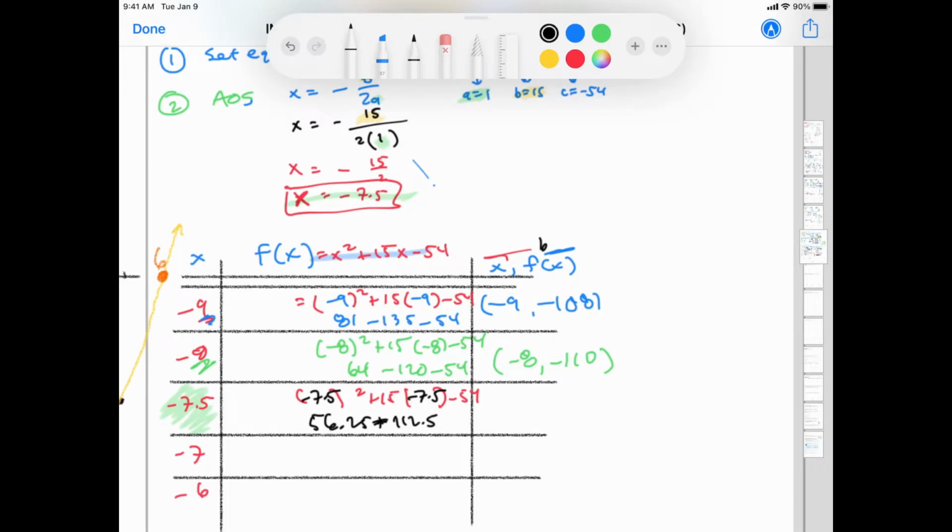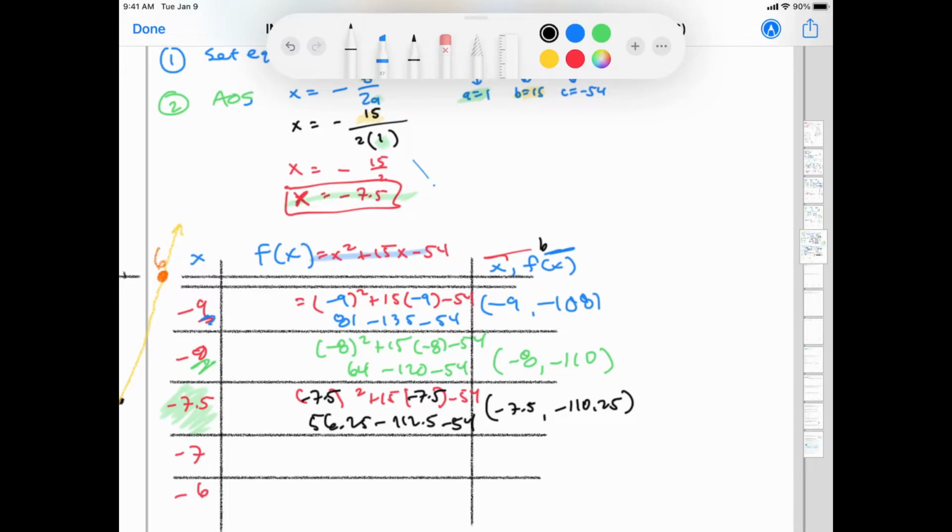And that should be minus 54. Okay, negative 110.25. That was at negative 7.5. So because the graph is opening up, because a is equal to 1, my vertex would be the lowest point at negative 110.25 on the y values.